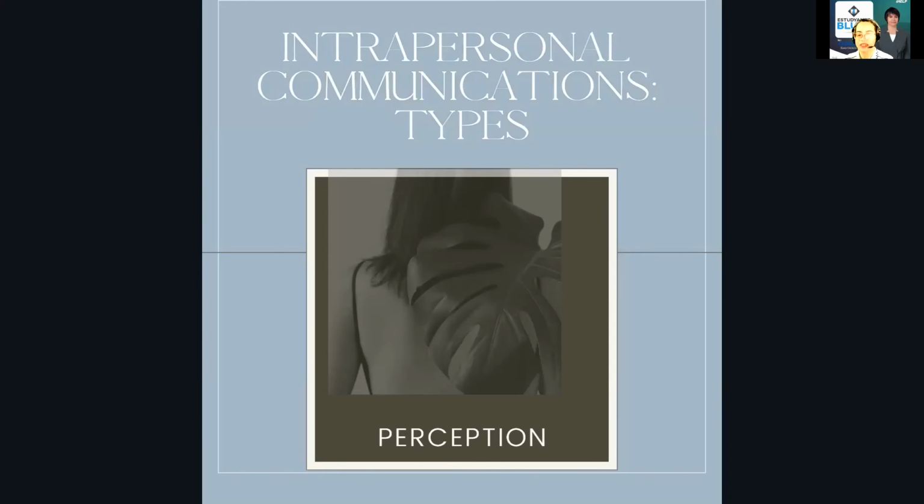Another one is perception. So aside from internal self-awareness, you also have in you your preconceived notion of your external world, your perception of the outside world, your biases, your self-fulfilling prophecies.